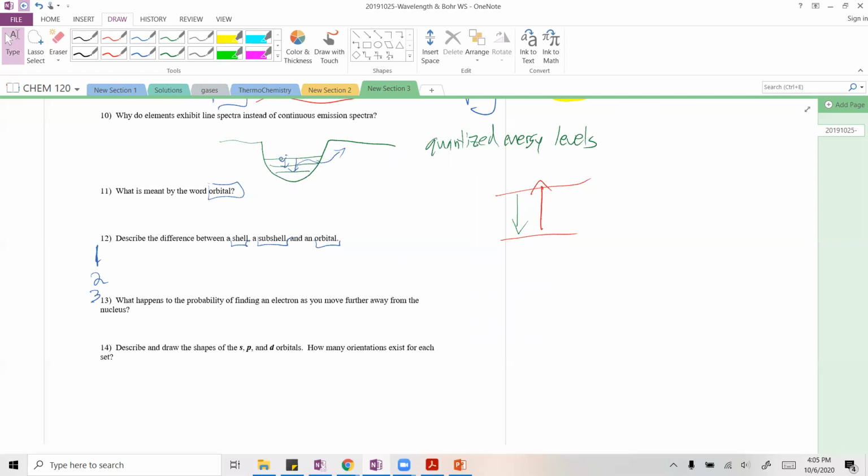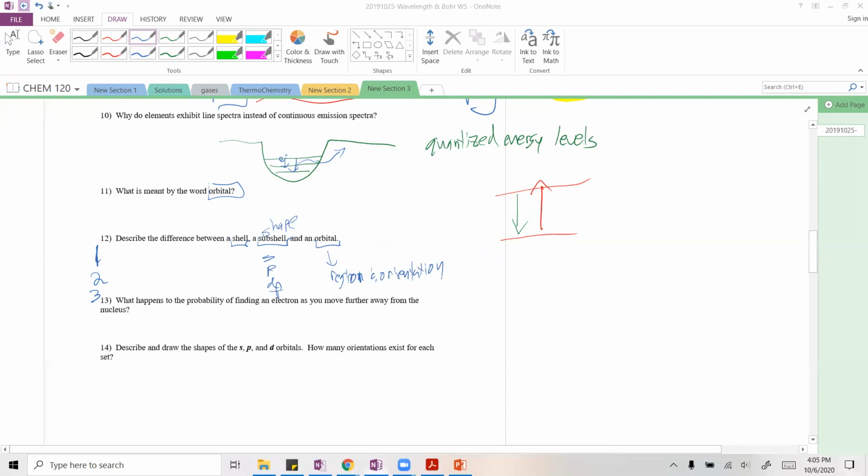So that's going to be like their shape. And so those are the letters S, P, D, and F. So it's the shape that that electron orbital takes on. And then the orbital is actually the region and orientation that we have that high probability of finding that electron at.